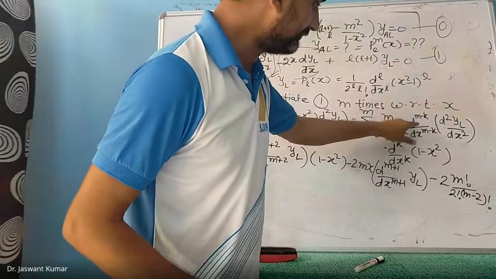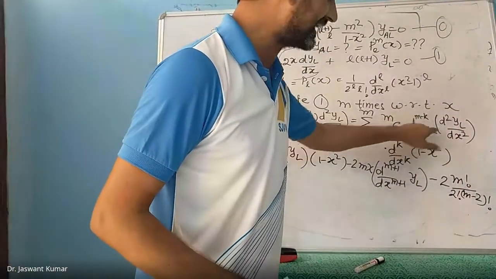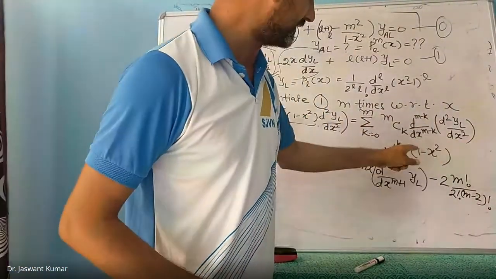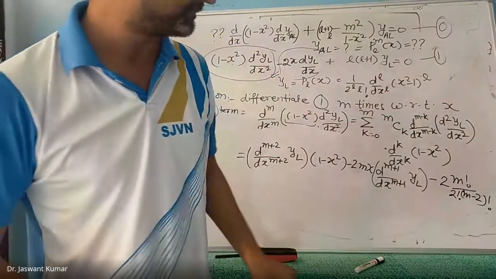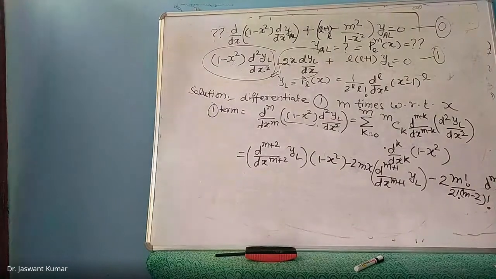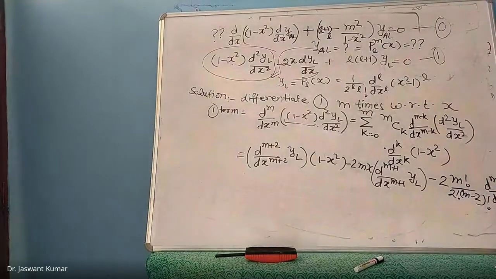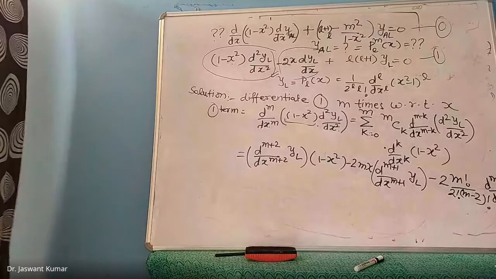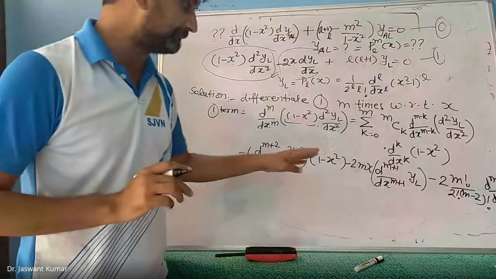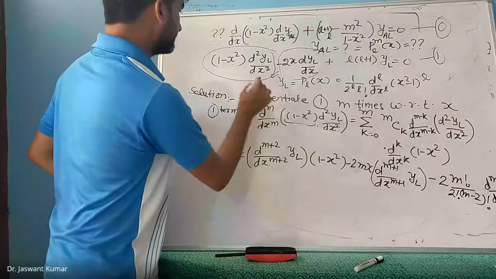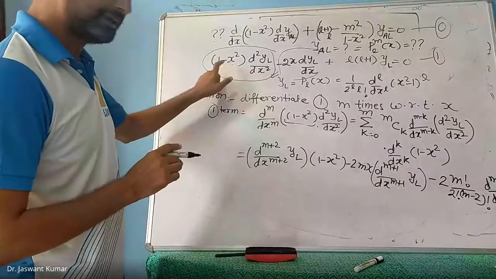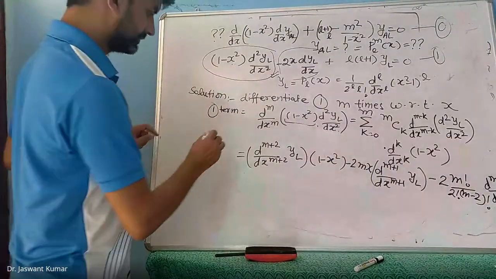And then we calculate this d^(m-2)/dx^(m-2), and when it combines with d2/dx2, it becomes d^m/dx^m of yl. All of you, please tell me if anything is not clear in the mth derivative of term number 1.